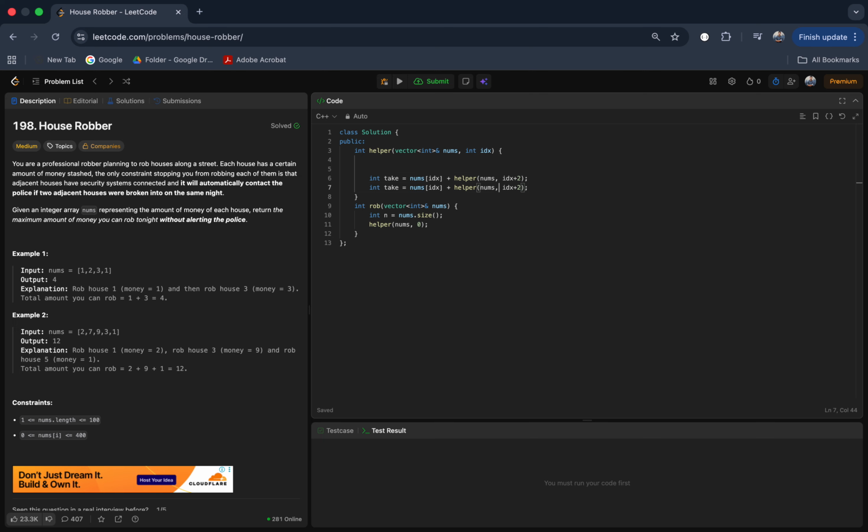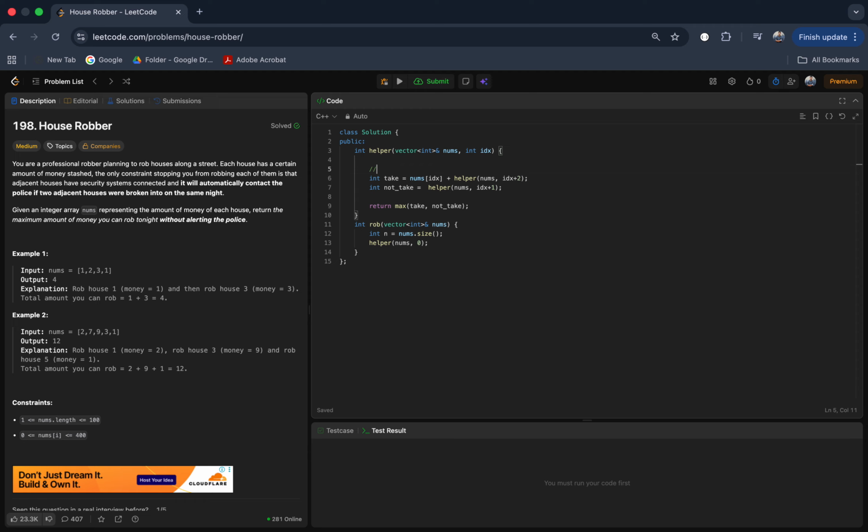And if I don't take it, I am not going to take the money from here, then I can take the money from the next one, and we need to return the maximum amount we generate from the take and not take.